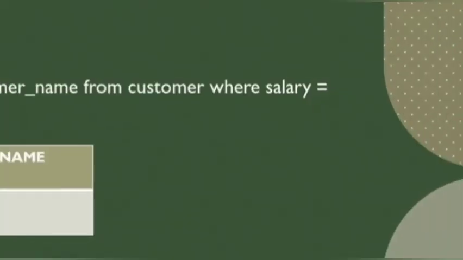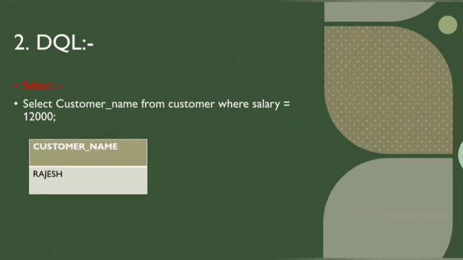And next we have the DQL, the data query language. We obviously know that the select command comes under the data query language. Here I wrote a query based upon the table which we created before. In that table we have customer name, customer ID and the salary. The query is: select customer name from customer where salary equals 12,000. Whichever person has a salary of 12,000, I need to fetch those customer names.